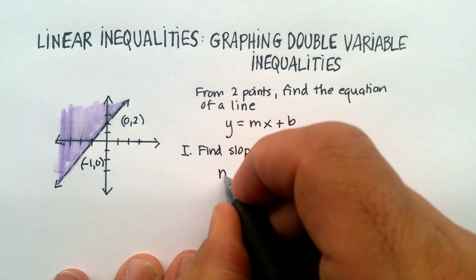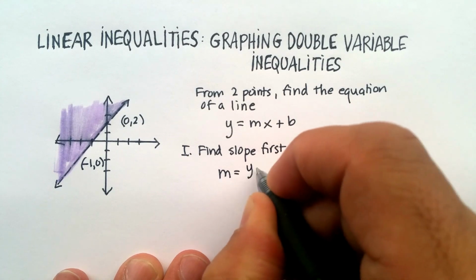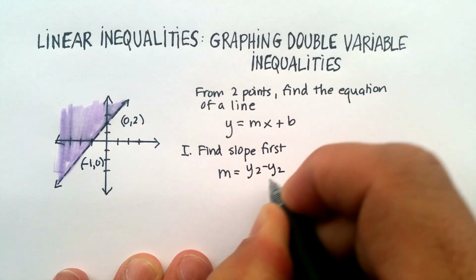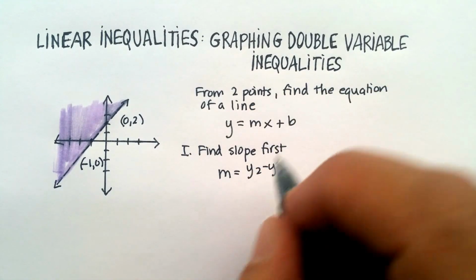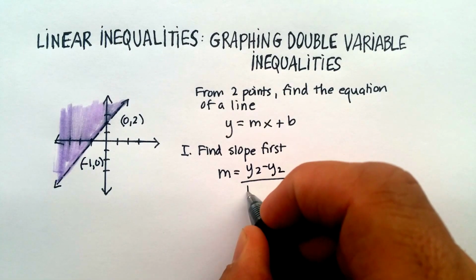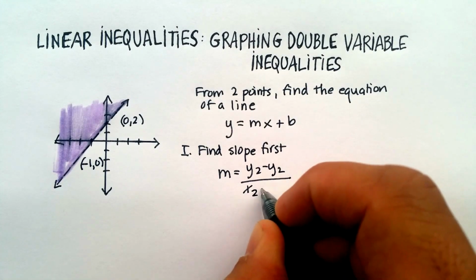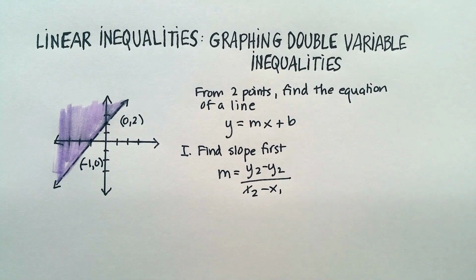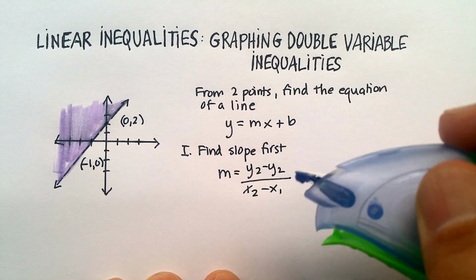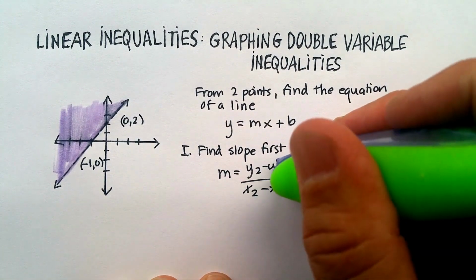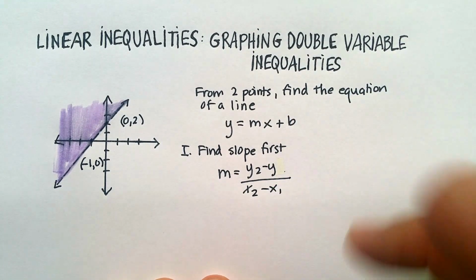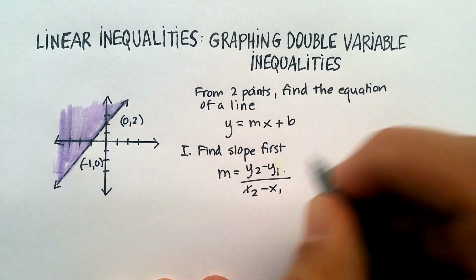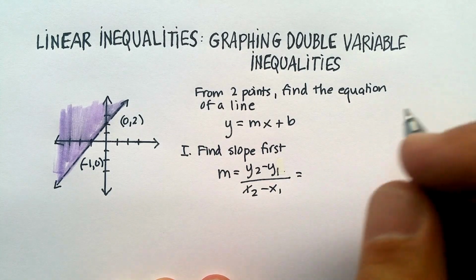All right, so m is equal to the difference in y's. Whoops, that should be y2, and that should be x2 minus x1. Let me just take care of that real quick. Let me put y2 there, y1. There we go. So I'll find this slope.